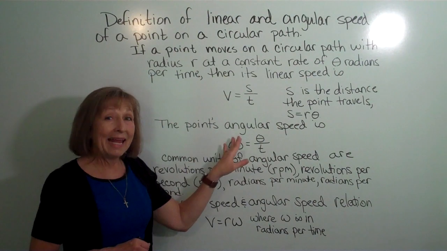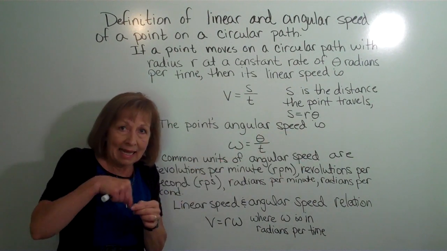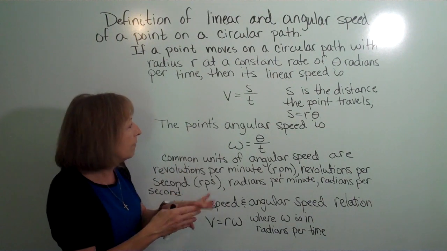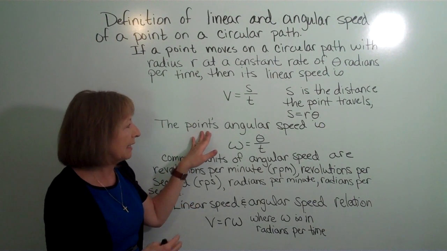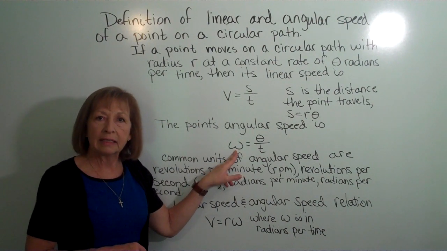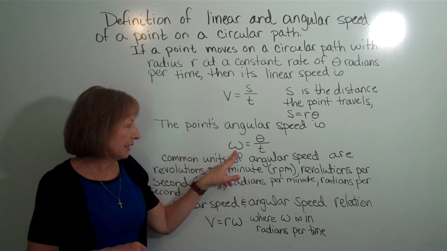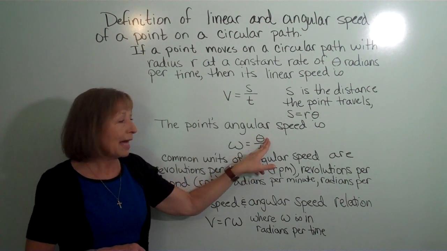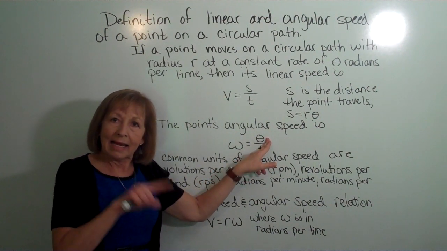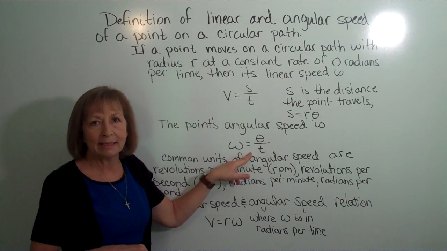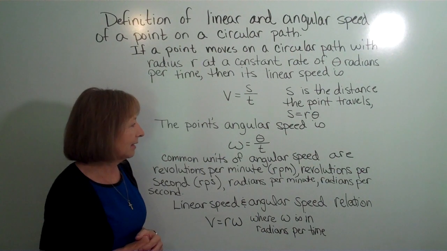Now the point's angular speed, this is the angle at which it's spinning on the center of the circle that's making that path. Omega is the Greek letter that we use for angular speed, and our angular speed is measured by the angle measured in radians divided by the time that we've done that.